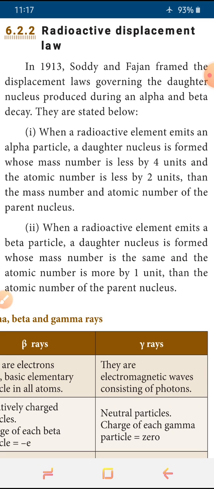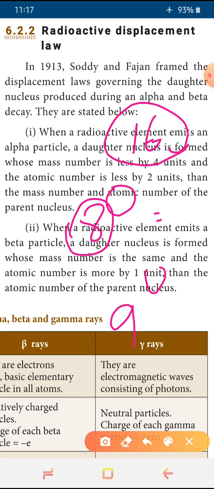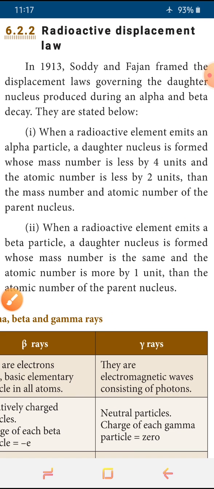While emitting beta particles, the mass number remains the same. For example, take 8O16. Here the mass number remains the same, and the atomic number is more by 1 unit. If the atomic number increases by 1 and the mass number remains the same, it is the emission of beta rays from the parent nucleus.